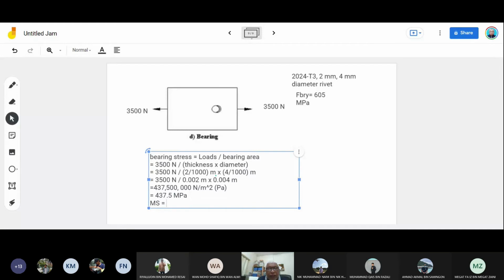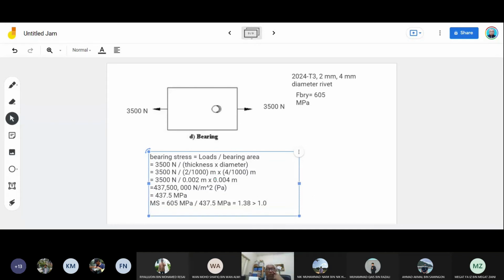Margin of safety is 605 megapascal divided by 437.5 megapascal, which is 1.38, higher than 1.0.